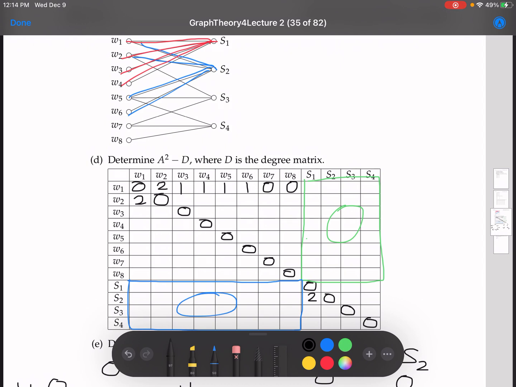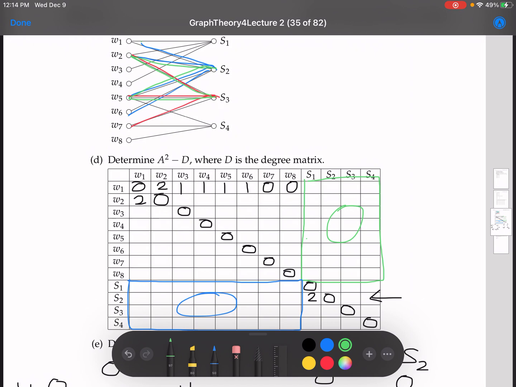Let's see, S2 to S3, so that right there, S2 to S3, 1, 2, 3 edges there. And now do we have any connections? Let's see, there's S2 to S3, we have that one, and S2 to S3, we have that one.